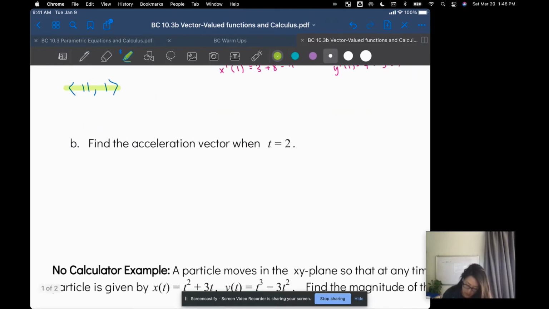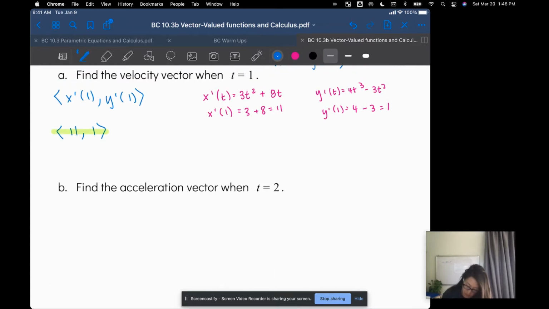Okay, find the acceleration vector at time 2. What we need to do is take the second derivative of x and evaluate it at time 2, and then take the second derivative of y and evaluate it at 2. I already have x prime of t from above, so let's take x double prime of t, giving us 6t plus 8. Then we evaluate at time 2: 6 times 2 plus 8, so 12 plus 8 is 20.